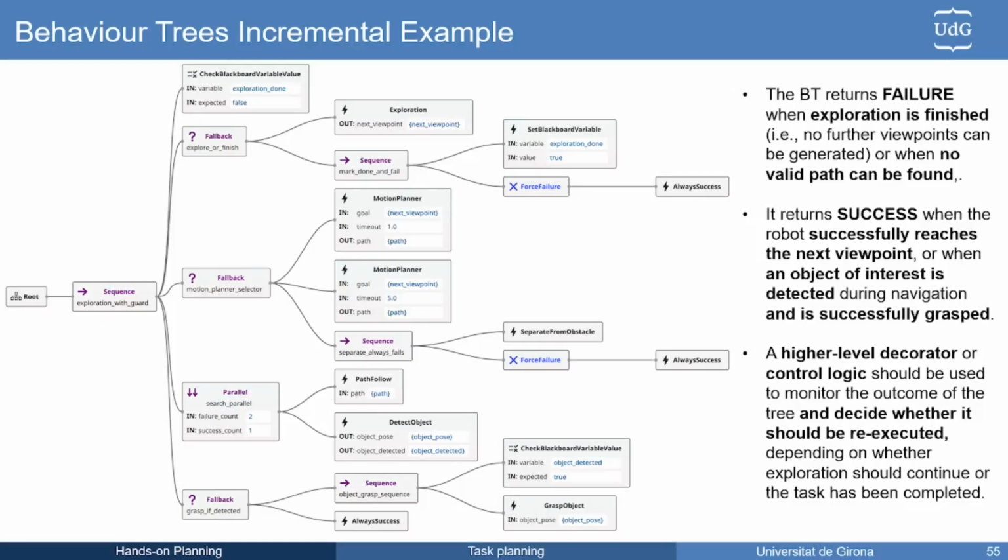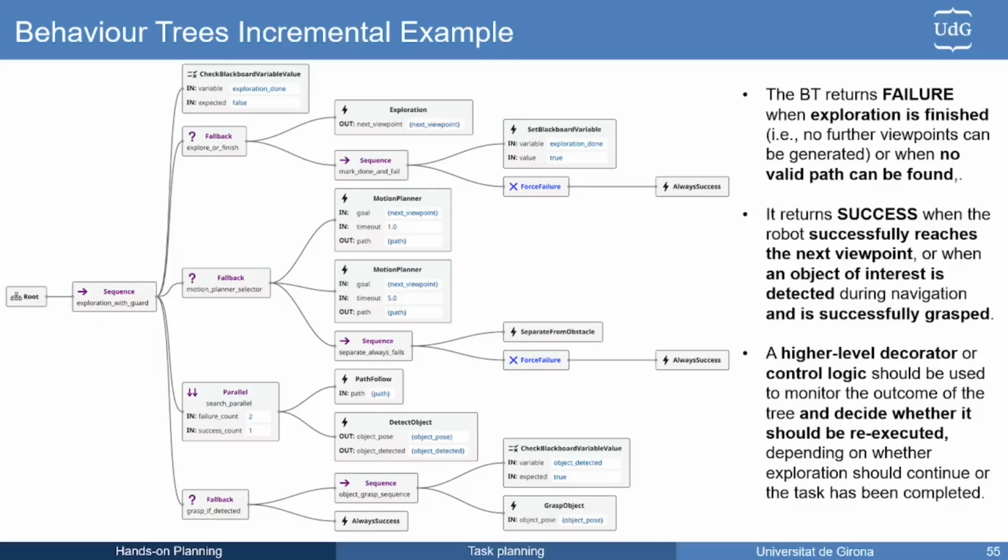I don't know whether this success comes because it has grasped an object or because it has reached the end. This is the problem of having only three possible outputs: failure, success, or running. But it's clear that not having more points to explore or not being able to generate a plan is a problem, a failure, and reaching the correct next best viewpoint or grasping an object is okay, it should be success.